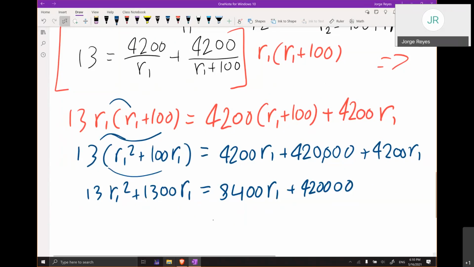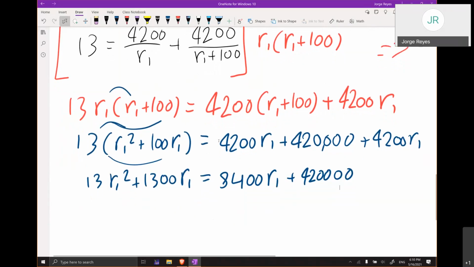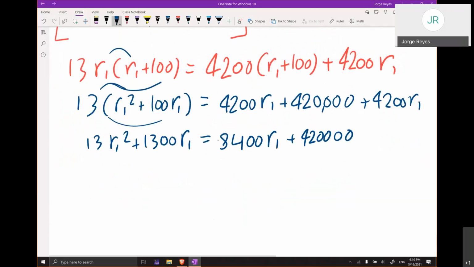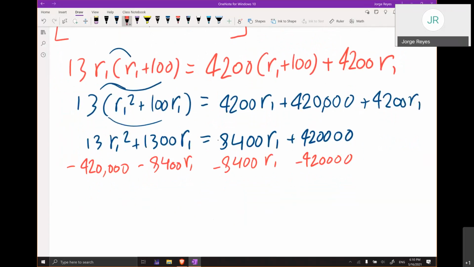We see that this is a quadratic equation now, so move everything to the left. Subtract this from both sides, minus 420,000.